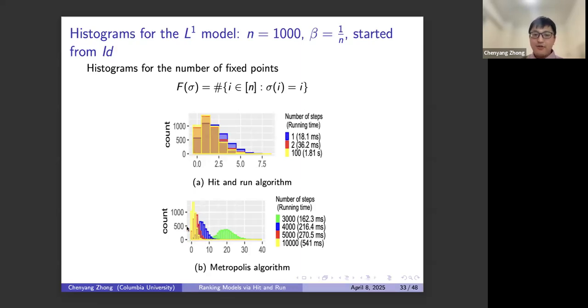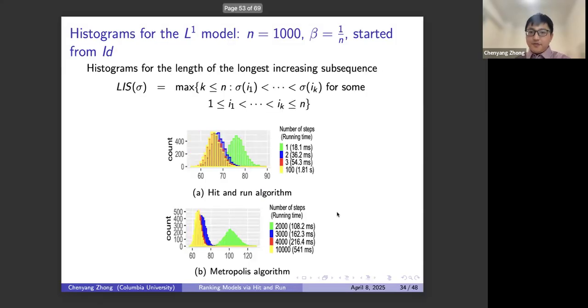So the blue and the yellow histograms here are quite different. And running it for 4,000 steps would take around 220 milliseconds, which is much larger than 36.2 milliseconds. So in practice, we not only have a theoretical upper bound on the mixing time of hit and run, but the algorithm in practice also mixes much faster in terms of running time.